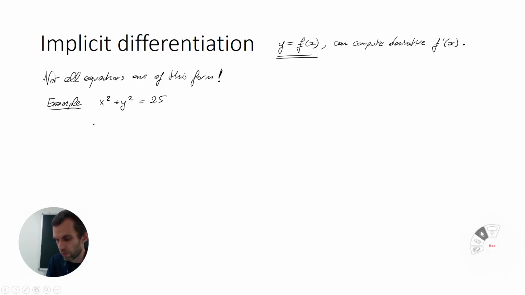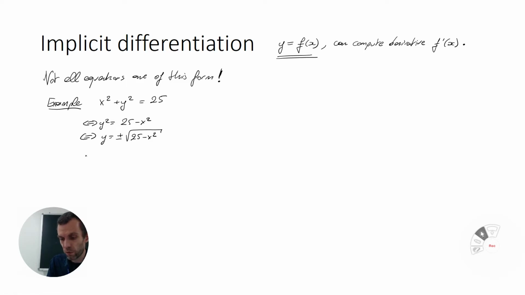So let's do that first of all. I have that y squared is equal to 25 minus x squared. y is plus or minus the square root of 25 minus x squared.